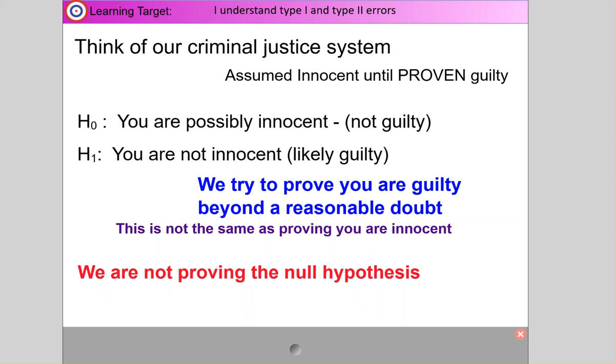We're never proving innocence. We're saying you're innocent until proven guilty. Kind of the same thing here. We're saying we're keeping the null hypothesis until given a reason to reject it. So kind of along the same lines as innocent and guilty. We don't use innocent in our court system. We use guilty or not guilty. We're going to use rejection or fail to reject.